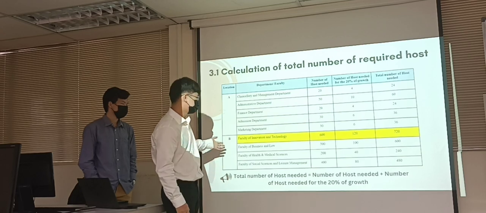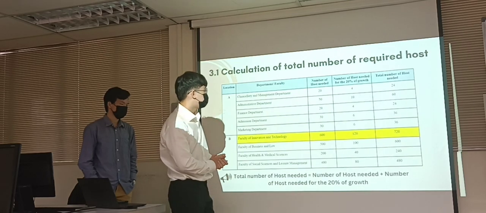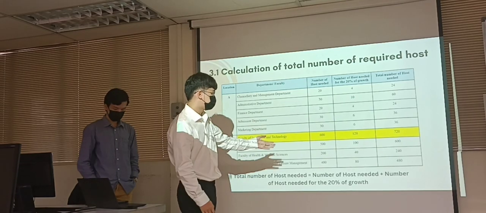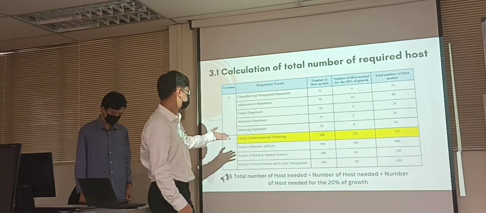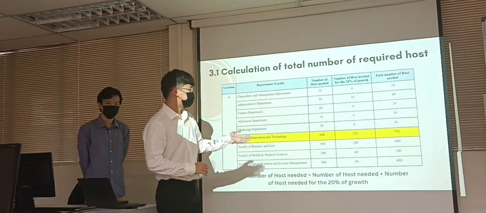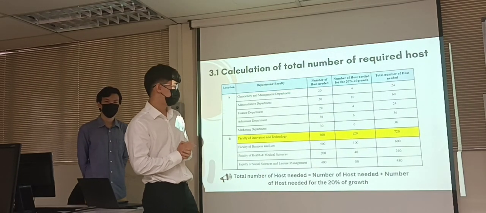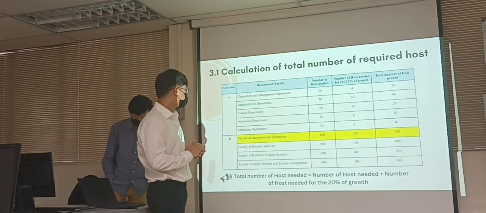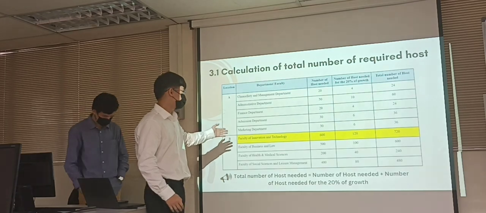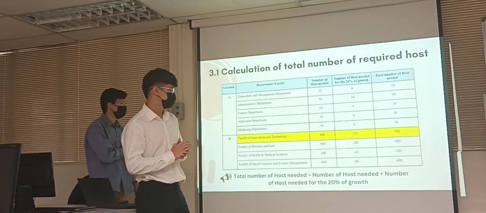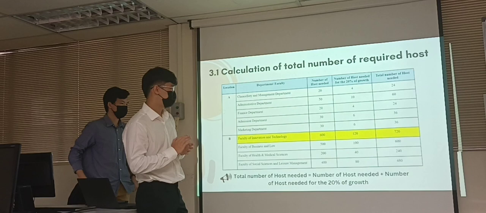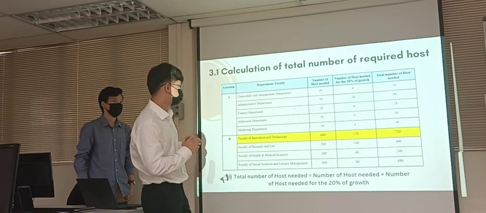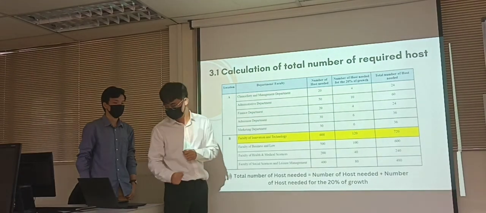In location B, after the 20% of growth, the host number will also increase. You can see from here, the Faculty of Innovative and Technology will increase to 620 hosts needed. So far, the Faculty of Innovative and Technology needs the largest number of hosts. So we need to consider this and select it for the next calculation.